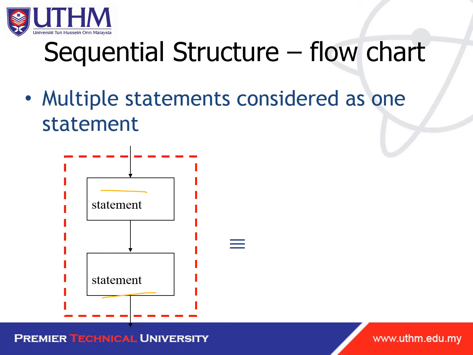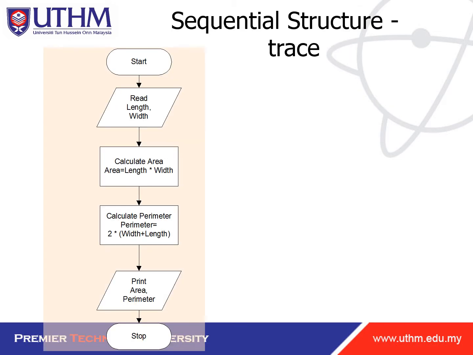This is also the same with a whole statement. If you want to combine, let's say you have to calculate the area, you can combine it into 1 instead of breaking it into 1 and 2. Now trace the sequential structure. You start with input length and width.